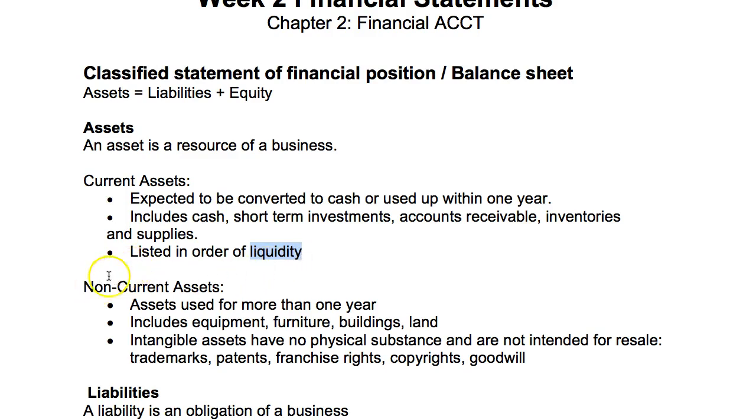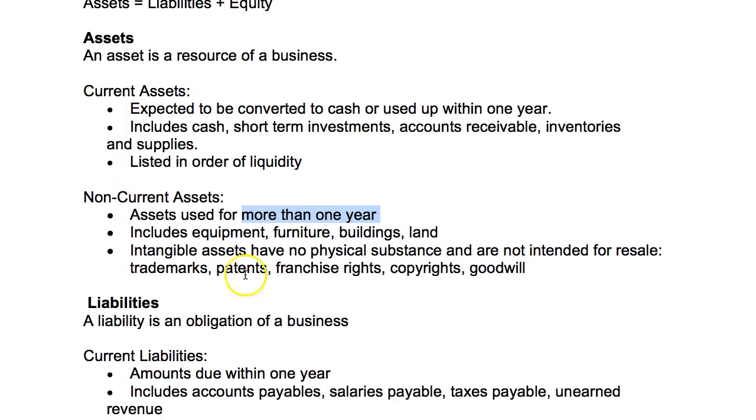So cash will always be first. Then we have our non-current assets. These will be the bigger assets that you purchase to use in your business, and you would use these for more than 1 year. So this includes equipment, furniture, buildings, land, and intangible assets.